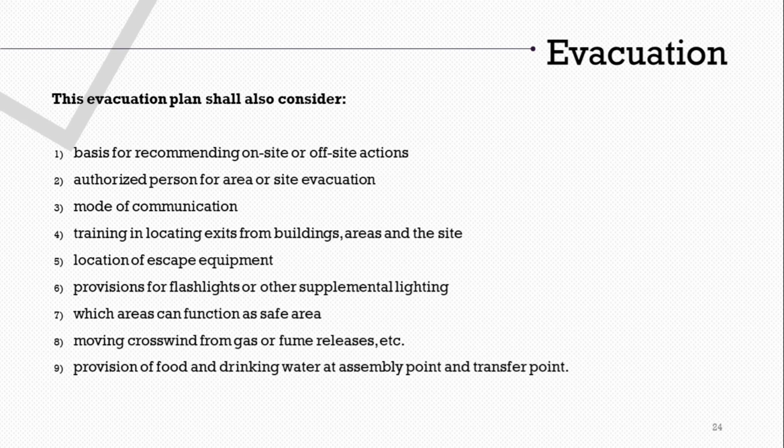These plans should also consider which area can function as a safe area, so that people can go to this area in an emergency. If there is any fire, then moving crosswind from the gas or fume releases. And last is the provision of food and drinking water at the assembly point and transfer point.